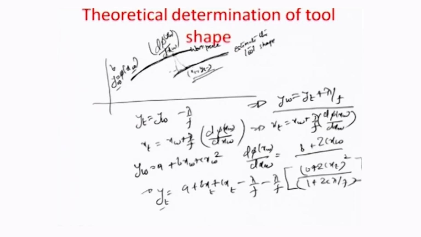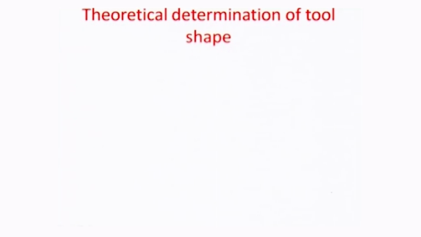So this is how you can correlate the yt and the xt, and a similar case can be repeated for the 3-dimensional problem. So in case the equation of the workpiece is a 3-dimensional equation, yw in this case is related to, let us say, a plus b xw plus c xw square plus some d zw.